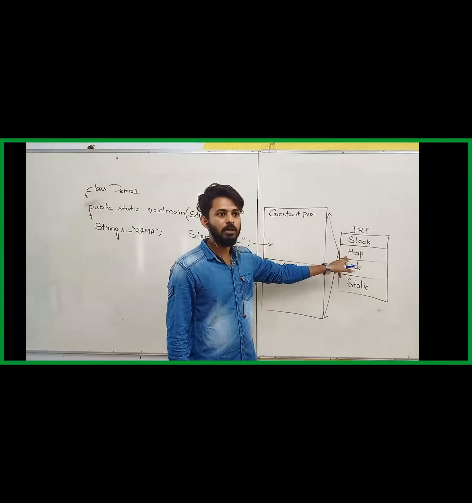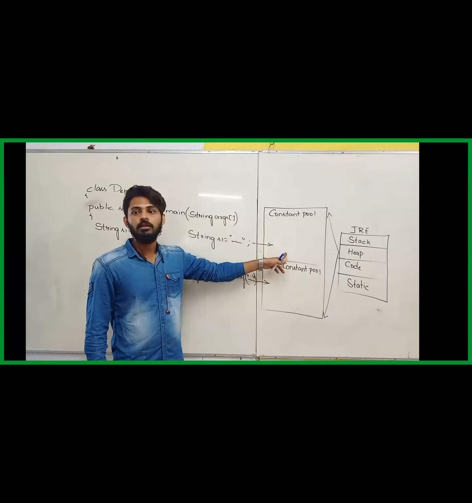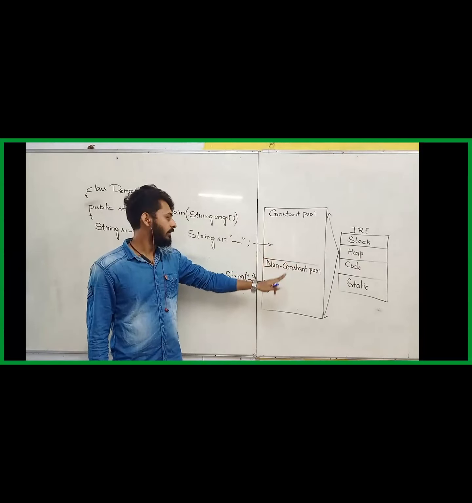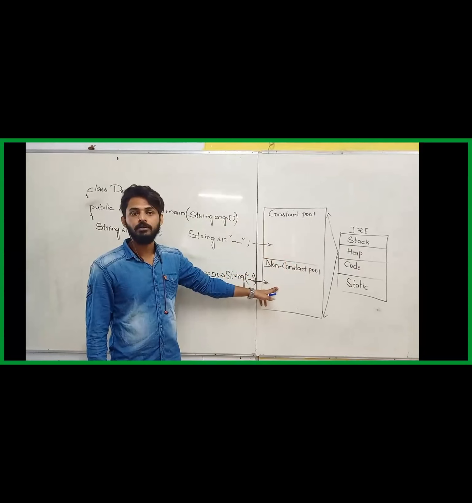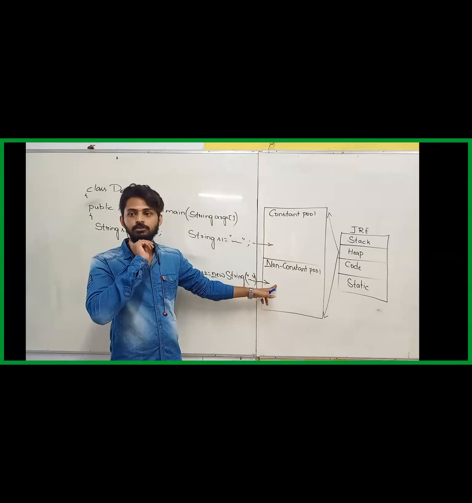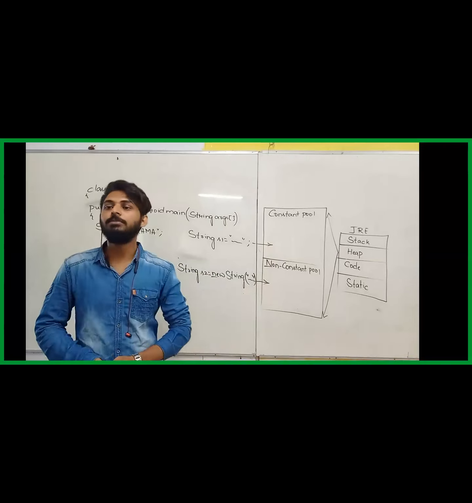Getting my point? And what will get stored in the constant pool? Immutable strings only, without the new keyword. The ones with the new keyword will get stored in the non-constant pool. Is that clear? Yes, no? Any doubt? Okay. And what is the speciality of the constant pool?